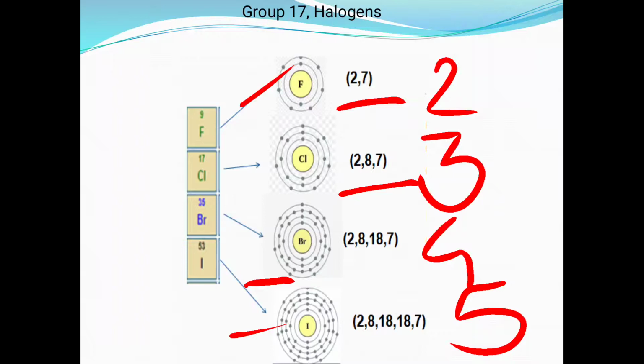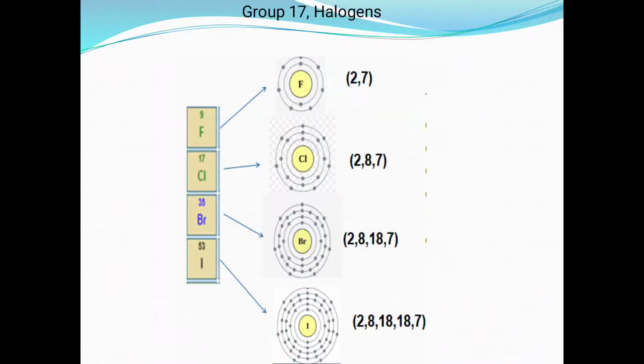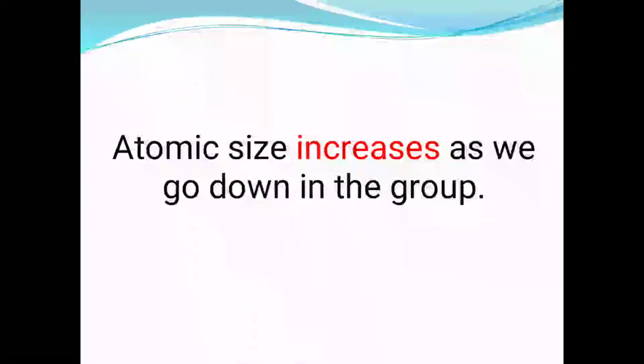The distance of the outermost shell from the nucleus also increases, and that's how the shell effect outweighs the nuclear charge in the group. As a result, atomic size increases in spite of increased nuclear charge. So this is the statement of conclusion: atomic size increases as we go down in the group.